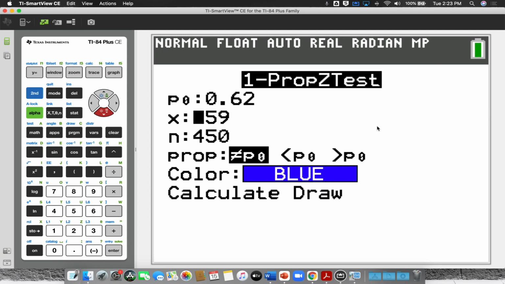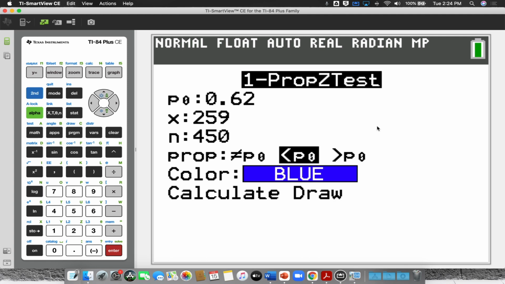They want to calculate P hat, so X is the numerator, N is the denominator for P hat. We want less than, right? So we're going to go to the middle one. Middle one is less than.